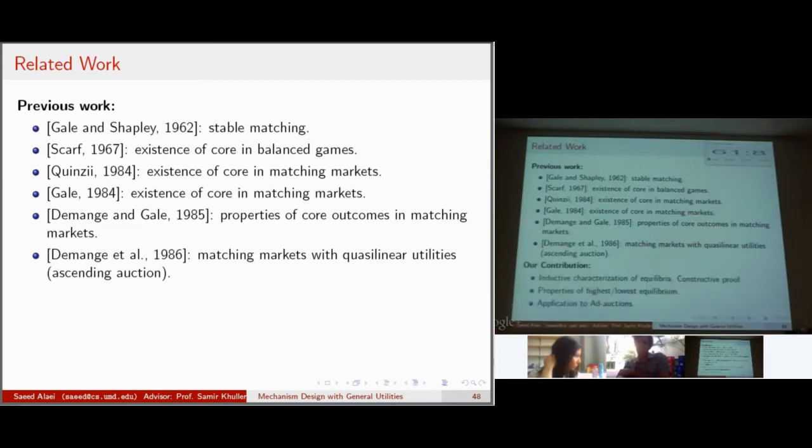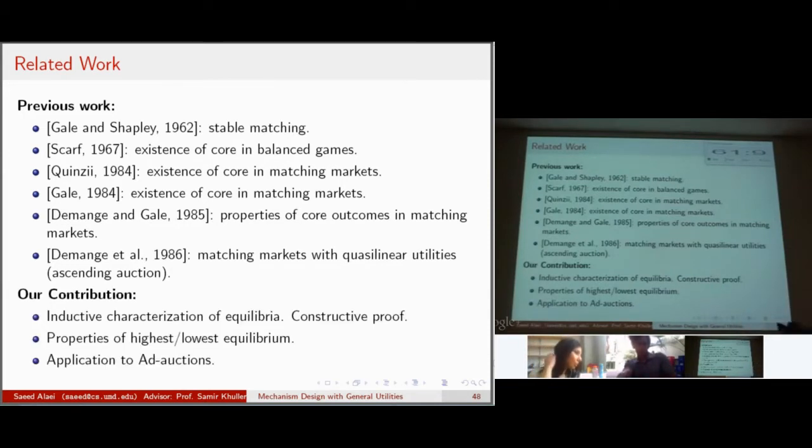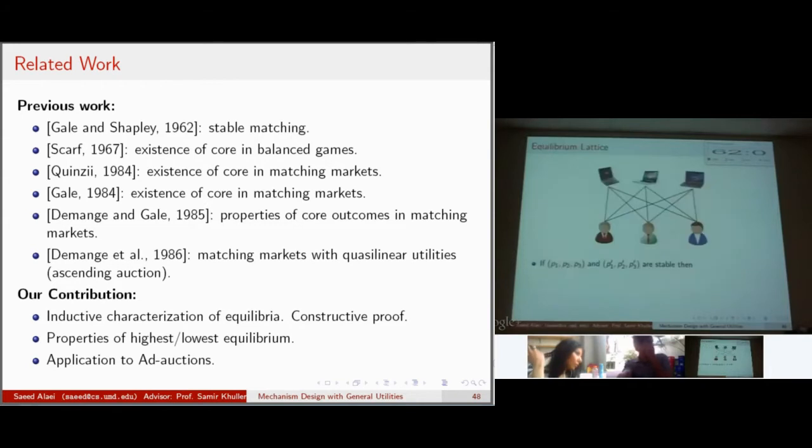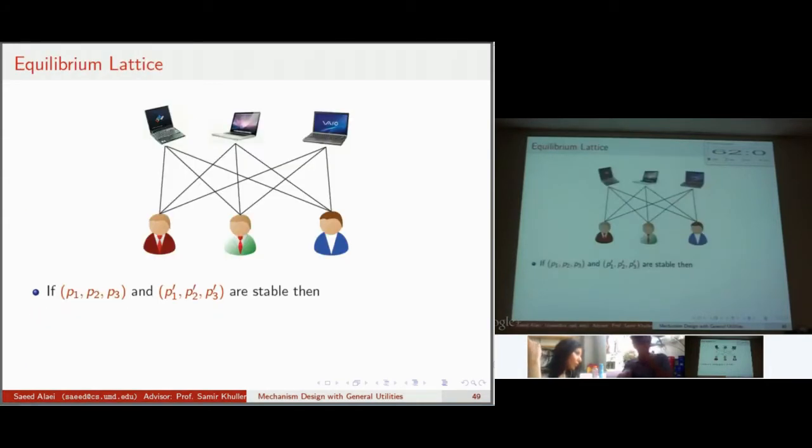Our contribution is an inductive characterization of equilibrium, which is also a constructive proof of its existence. We also consider properties of the highest and lowest equilibrium, and there is an application to ad auctions, which I won't explain.